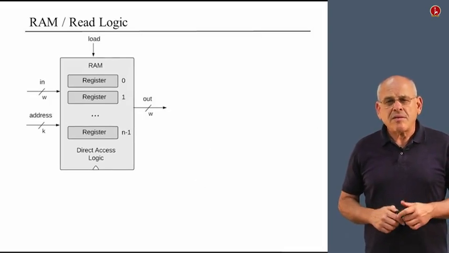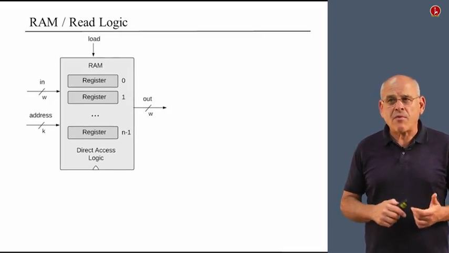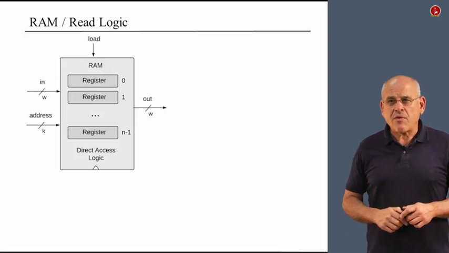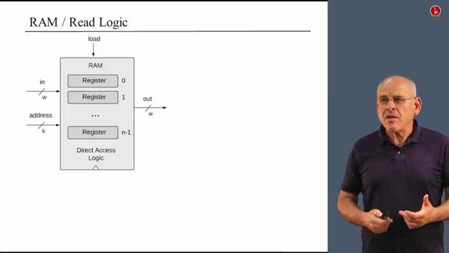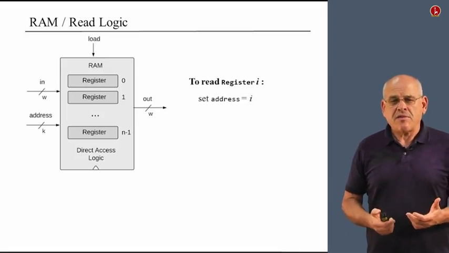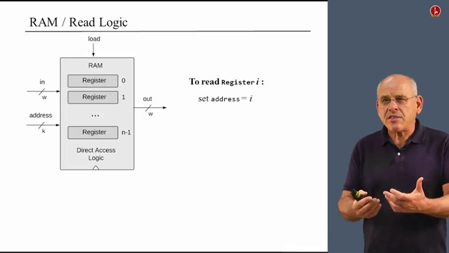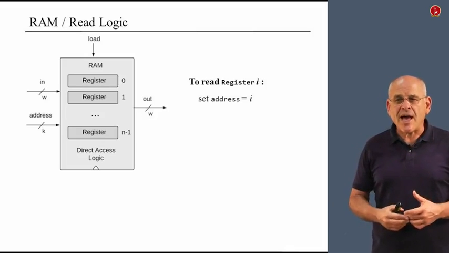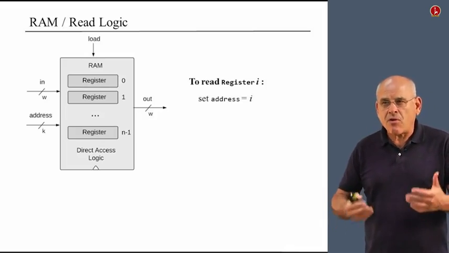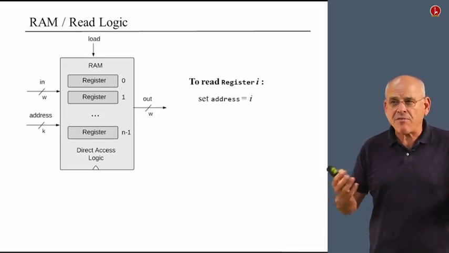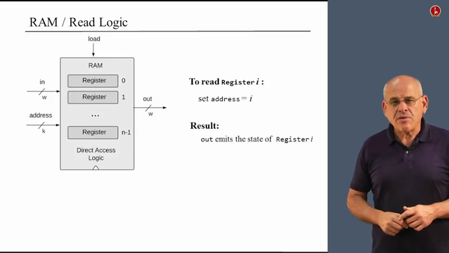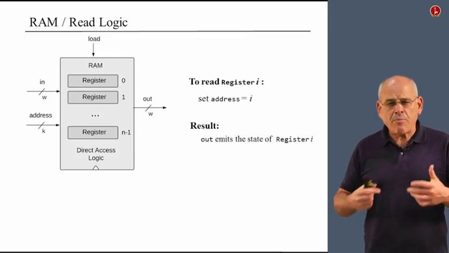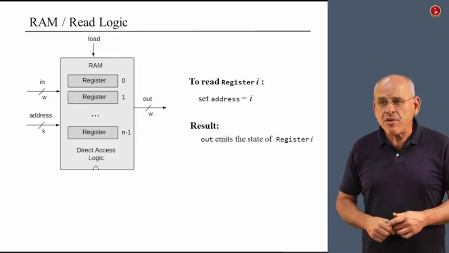Let us say a few words about how we read and write values using this RAM device. So to read a particular register, we do two things. First of all, we set the address of the RAM unit to the desired register number or address, register number 5 or something like this. And then we probe the out of the RAM unit.